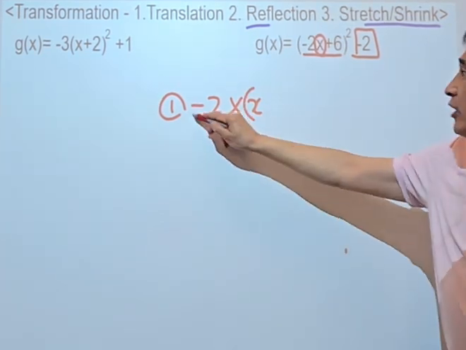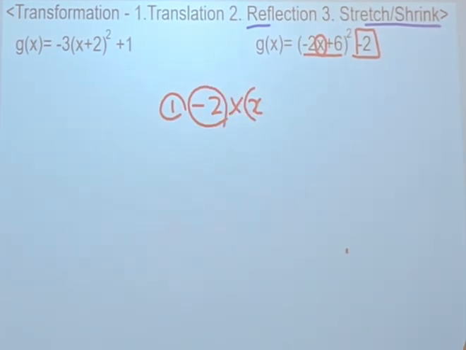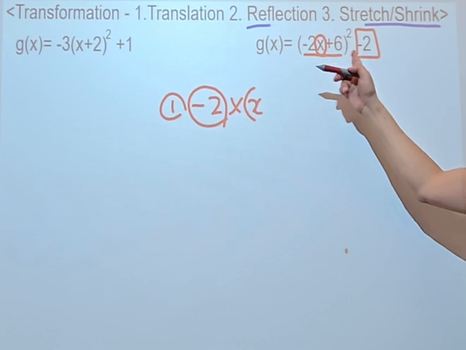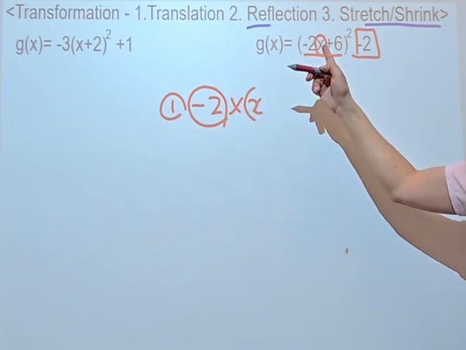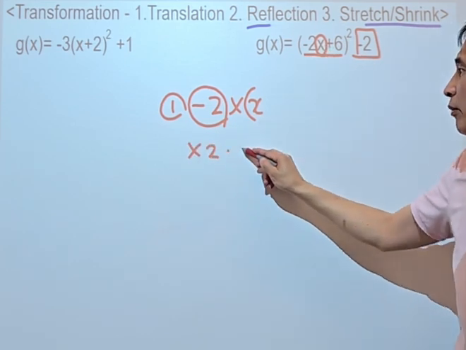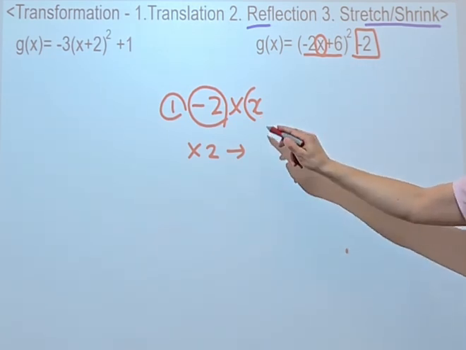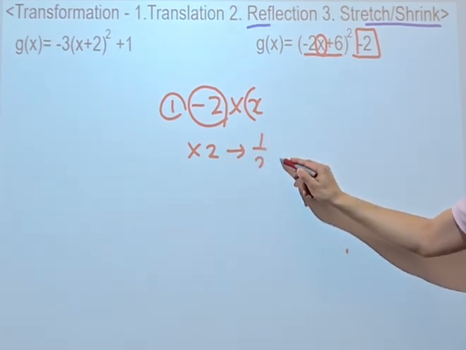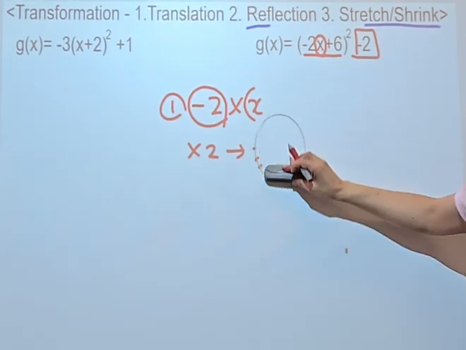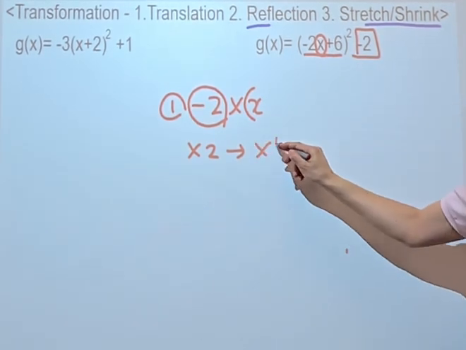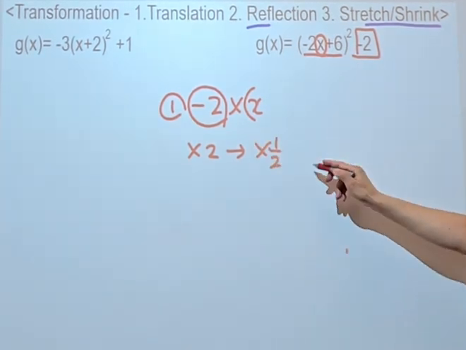We need to find out what kind of transformation that is. It's inside the parenthesis, so the times 2 becomes the reciprocal, or opposite. Do you remember? So that becomes times 1/2, and because it's inside, it's horizontal.